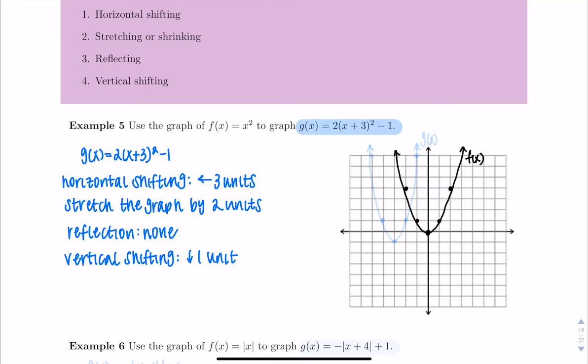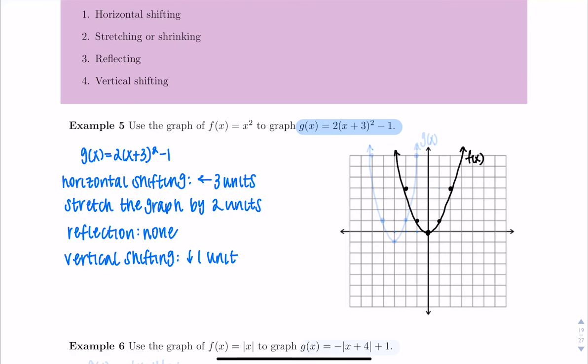So in order to do this, you want to take 1 point at a time and do the 4 movements to that 1 point. Then do it to the rest of the points. So let's take the origin first. So from 0, 0, we first want to move 3 units to the left. So 1, 2, 3 units.